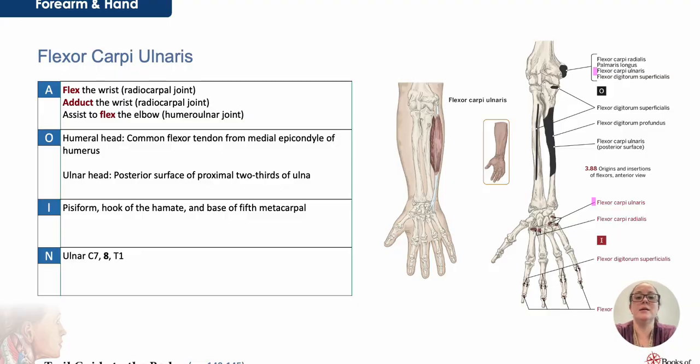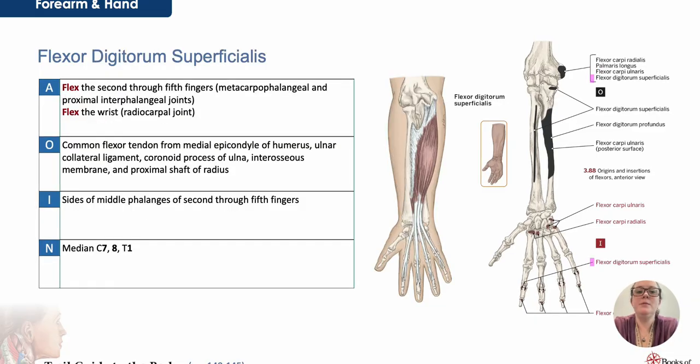I know, this sucks. Flexor carpi ulnaris. What's it do? Flexes. And it adducts, flexes the elbow, goes across the carpals. It's on the ulnar side typically. Notice most of these are starting at that medial epicondyle.